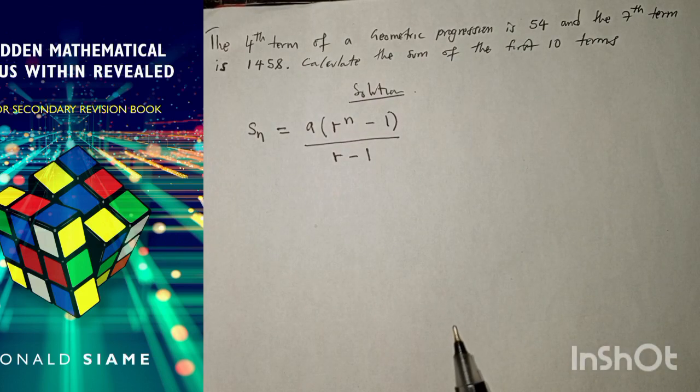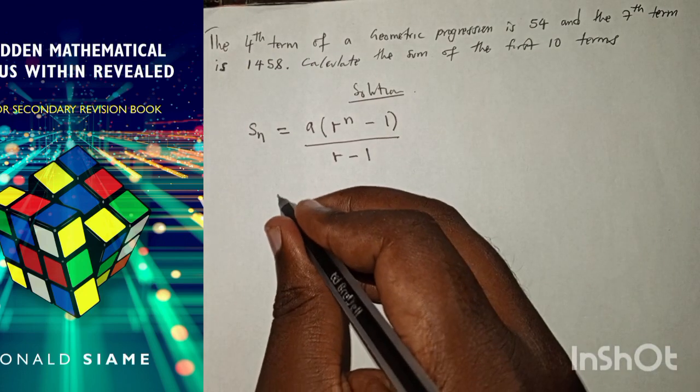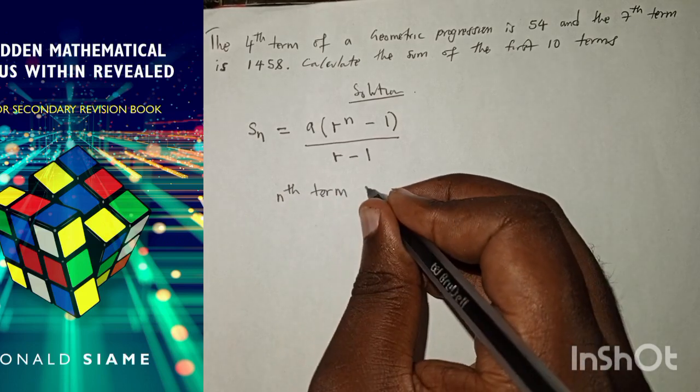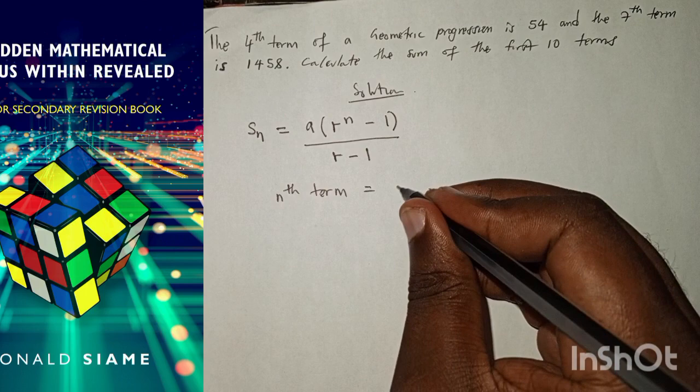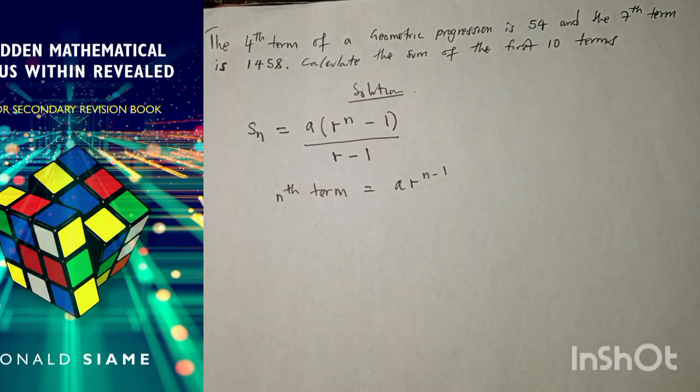When you are finding the position of a term in a geometric progression, the formula is: the nth term is equal to A r to the power n minus 1.